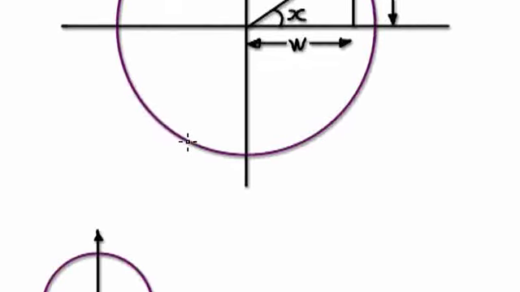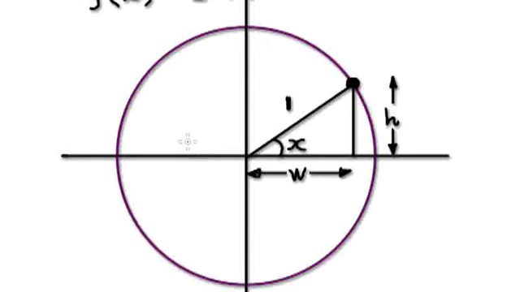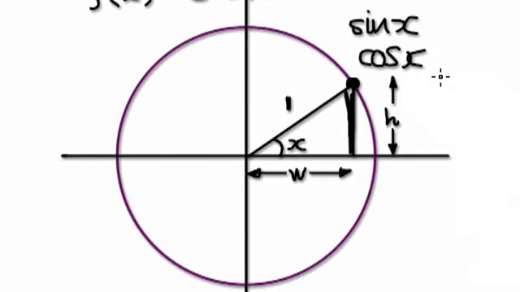My point is that when you try and understand sine of x, you are trying to understand the height as it moves around. When you're trying to understand cos of x, you are trying to understand the width as the dot moves around.